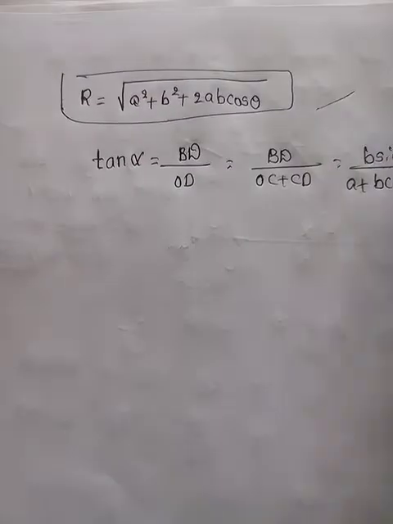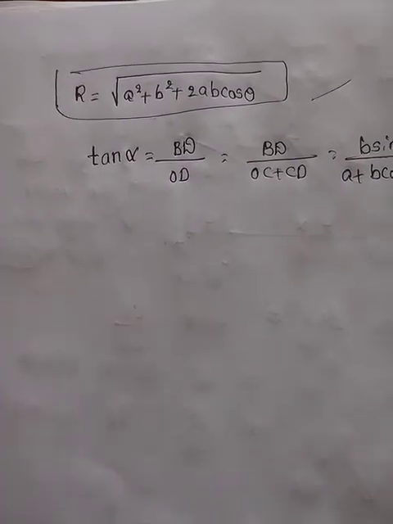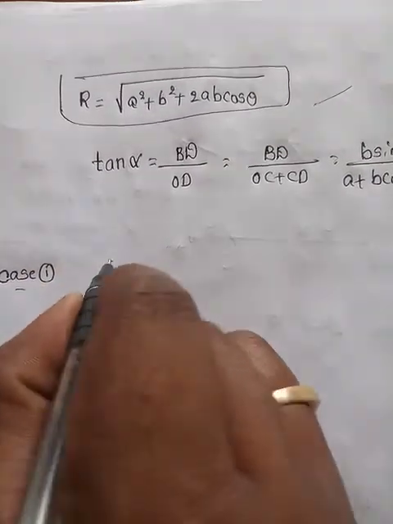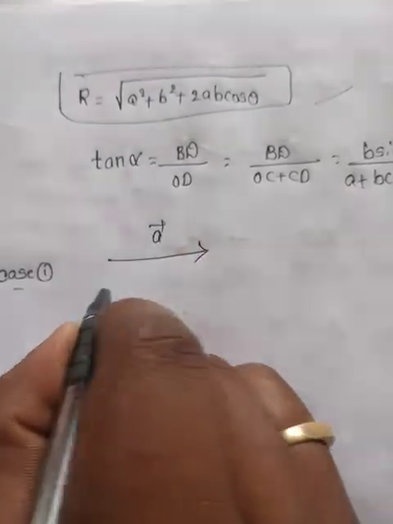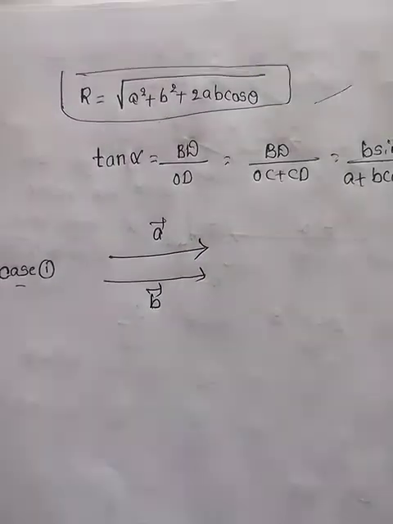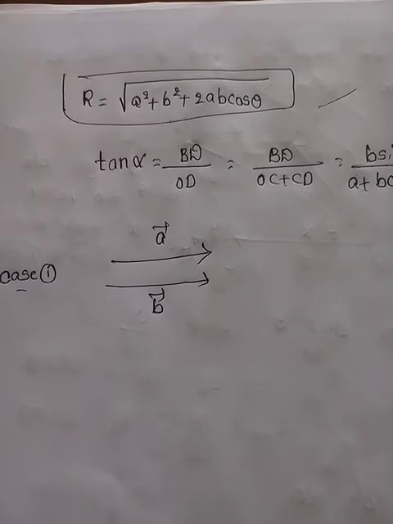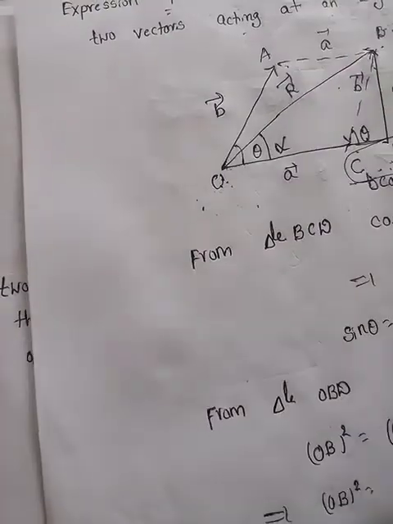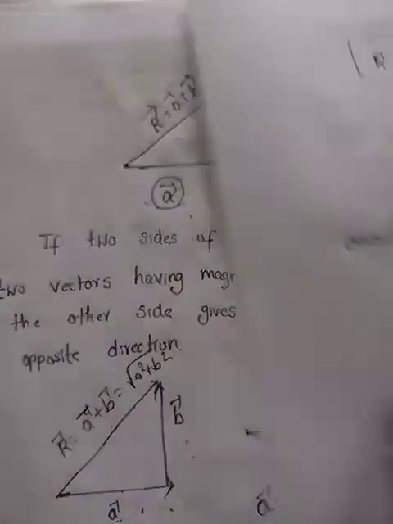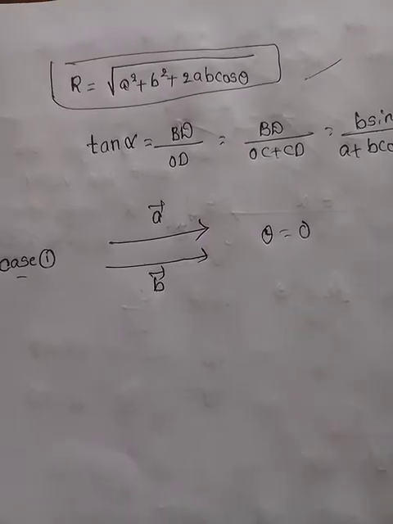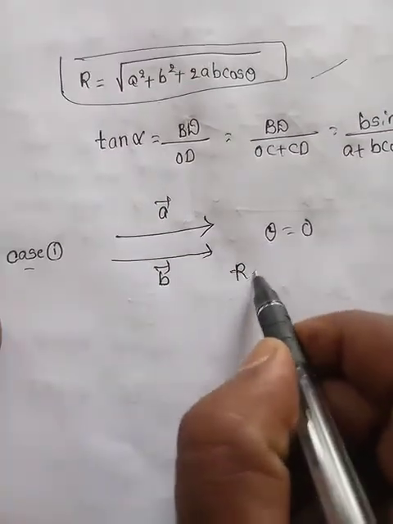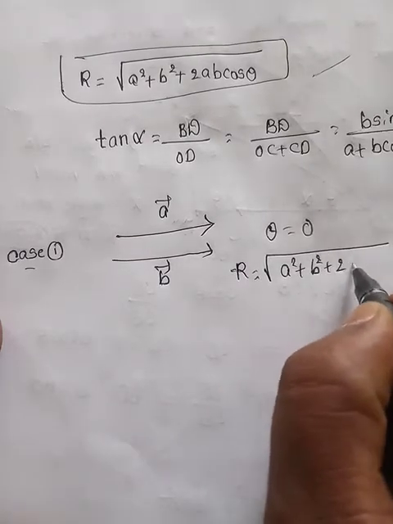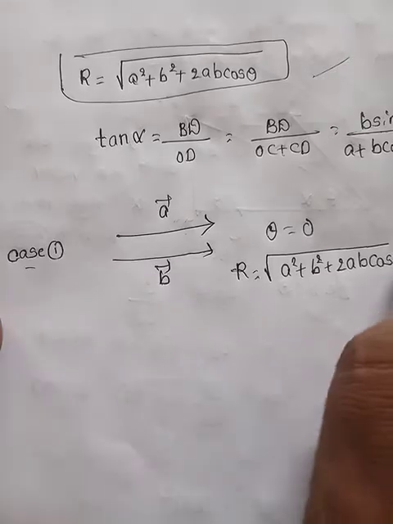So, we derived magnitude and direction. Let us see some cases. Case 1, this is A bar, this is B bar. Instead of making an angle, they are moving along the same direction. If they are moving along the same direction, here the angle theta is equal to 0, which means R is equal to root of A square plus B square plus 2AB cos 0.